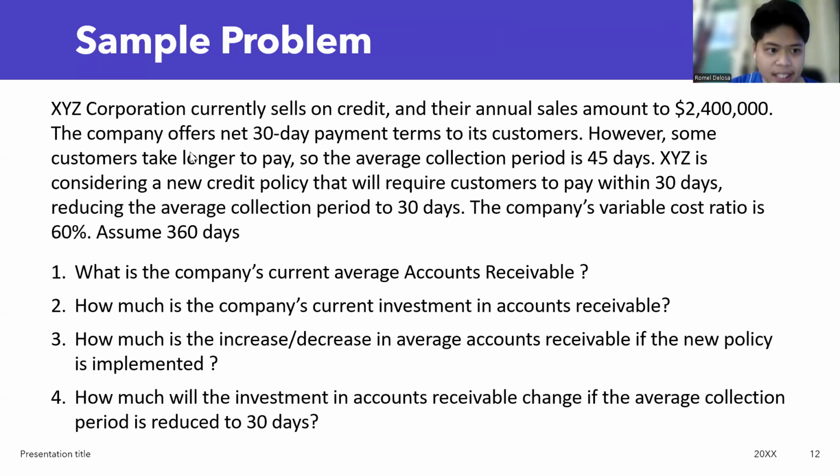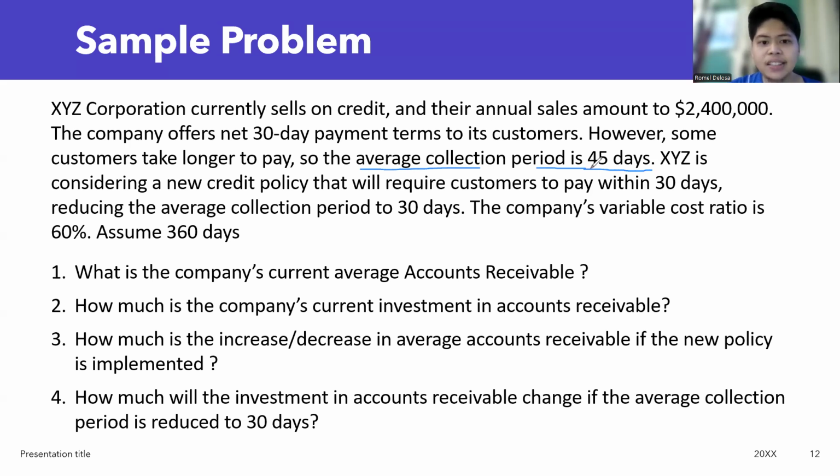So ang tip ko guys is, commonly, sa ganitong mga problems, ano yung mga given? Given yung current average collection period. So yung current is 45 days. So on the current policy, it takes them 45 days bago makolekta yung receivable.